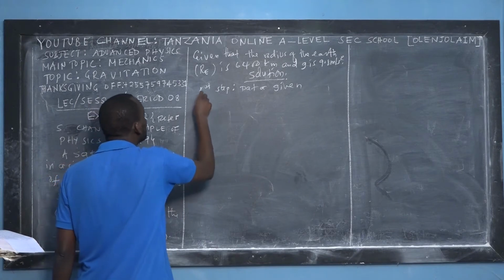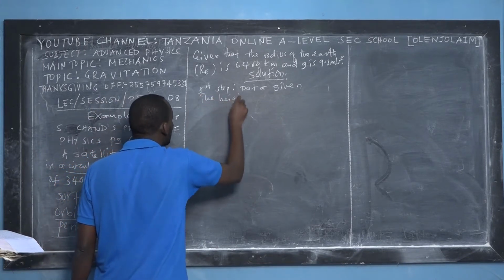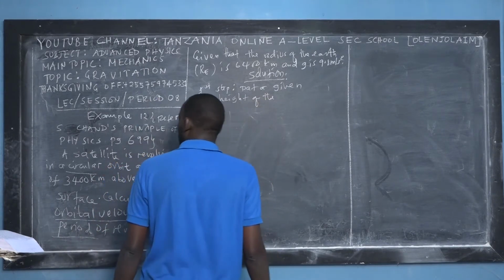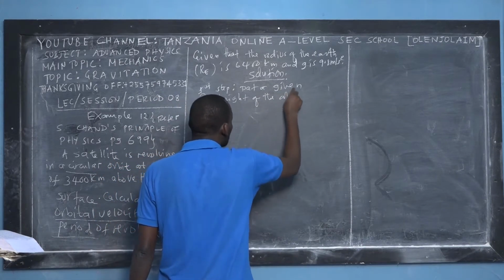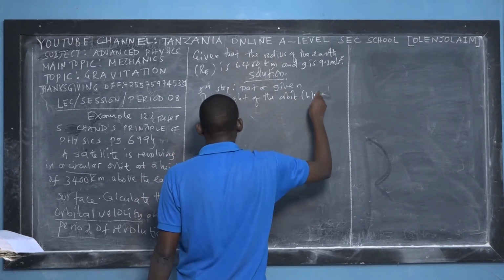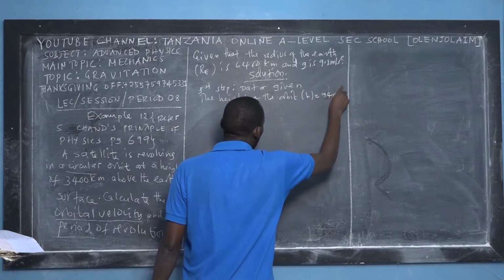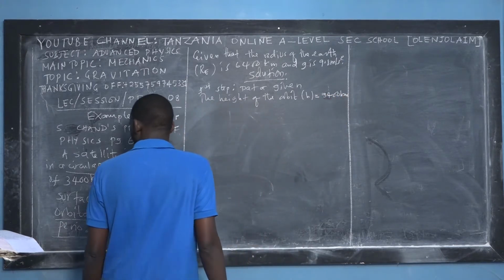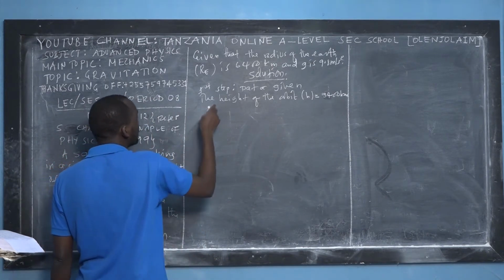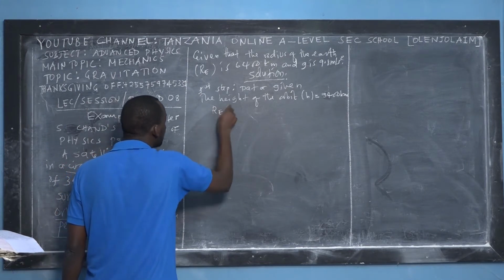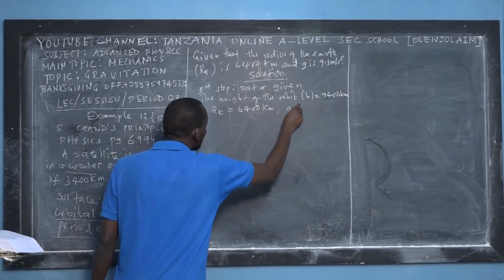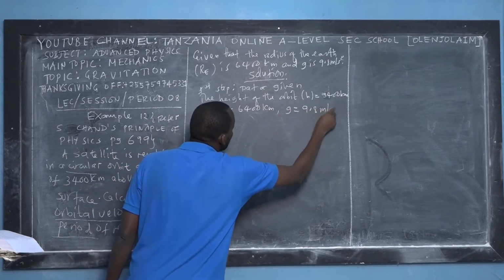The height of the circular orbit is h equals 3,400 kilometers above the Earth's surface. The radius of the Earth is 6,400 kilometers. Then we are given g, 9.8 meters per second squared.